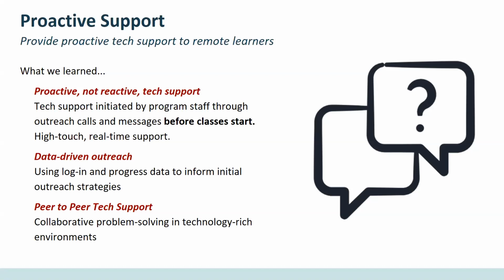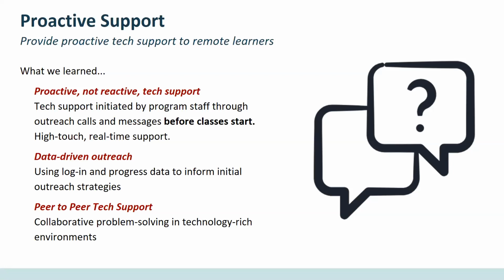What was really important about that was the program was able to catch any issues that might arise. So if a learner had issues accessing the application or with logging in, they were able to troubleshoot that before classes started. And that high-touch, real-time support was very valuable and effective.